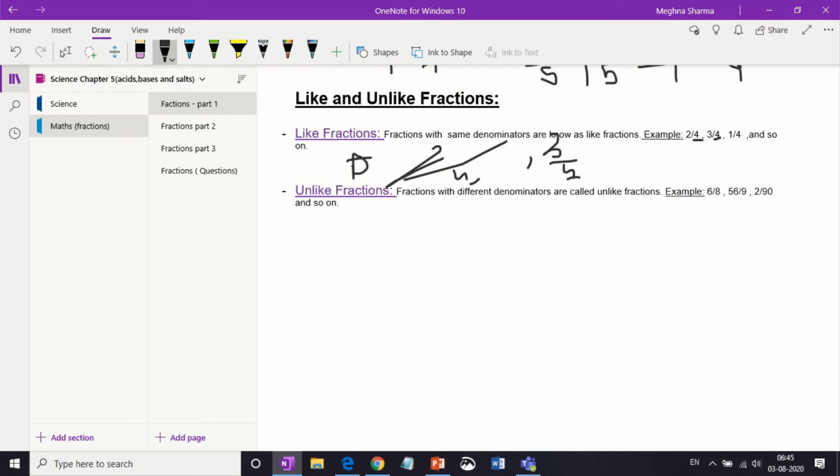Next one, 1 by 4. Again here also the denominator is 4. So these fractions are said to be like fractions.